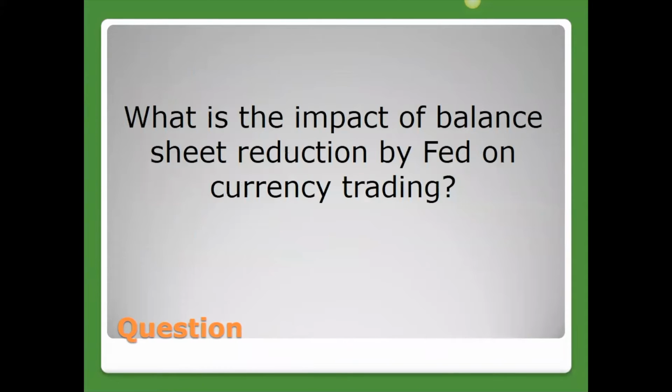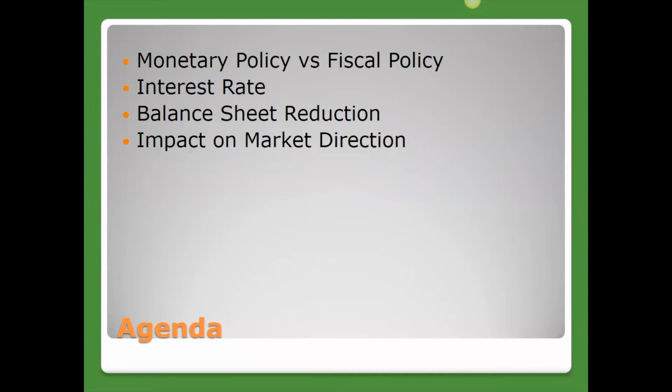So, a question that got sent to me was around the balance sheet. We have talked a lot about the changes that the central banks are making and the impact that is having on the market, so this is the question that I wanted to address. But in order to address this question, there are a few things we need to understand around the whole balance sheet and what's going on in the market.